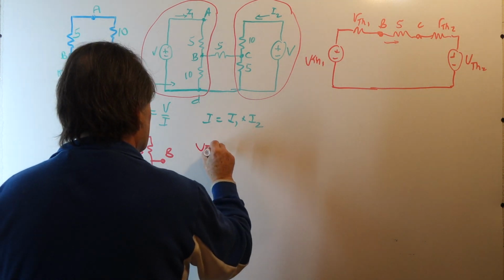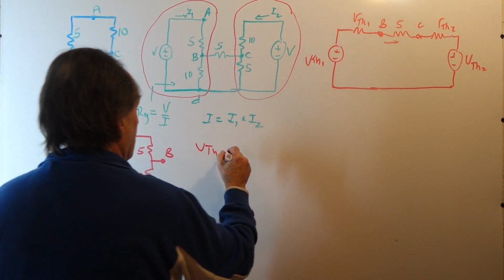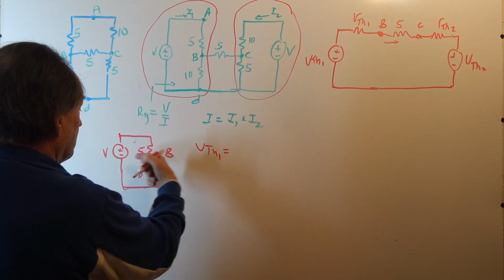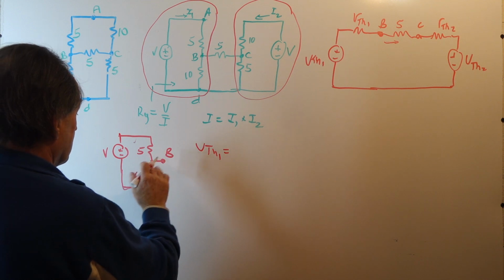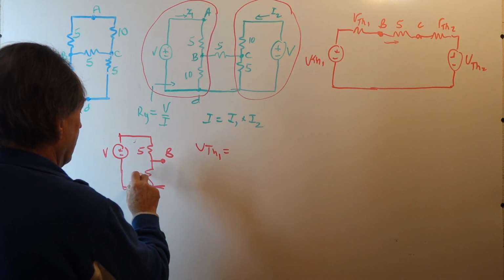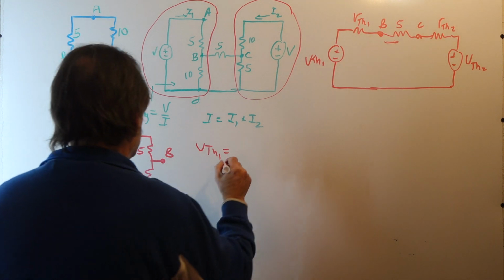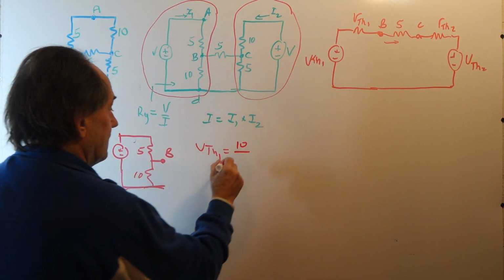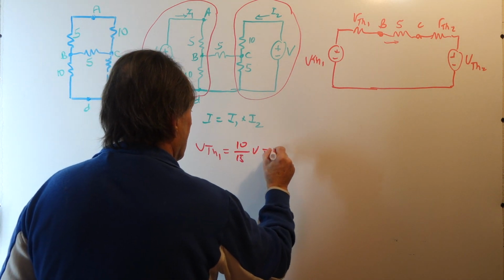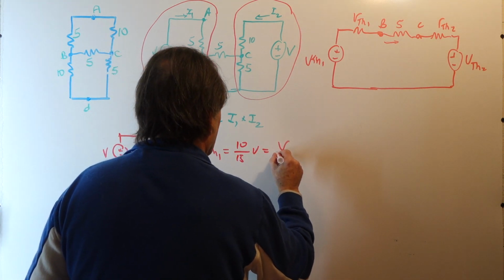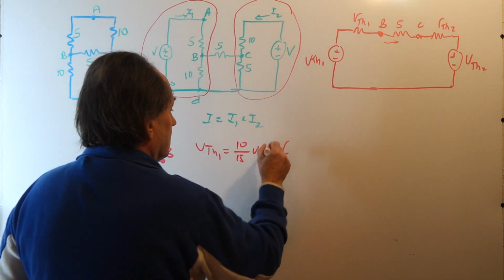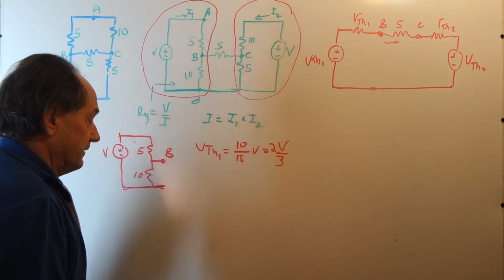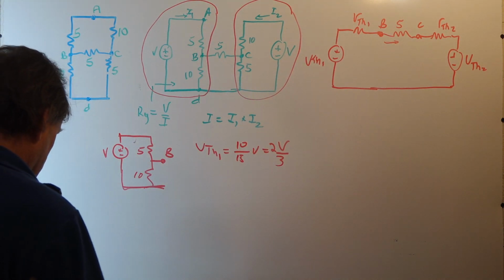So VTH1 is going to be the open circuit voltage looking in at node B. Well, the open circuit voltage then is just the voltage divider, 10 over 15 times V. So it's this resistor over the sum of this and this, which is 15, or 2V over 3. Factoring out a 5 in the numerator and the denominator.